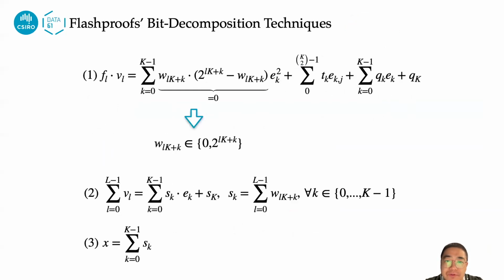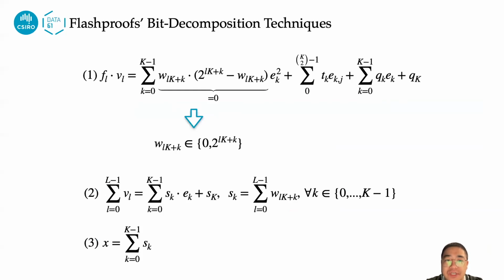Here are FlashProof's 3 verification equations. In the first equation, multiplying FL and VL can generate a series of cross terms in the challenges EK. If the quadratic terms EK squares are all cancelled out, then the verifier can be convinced that W values are either 0 or some powers of 2.